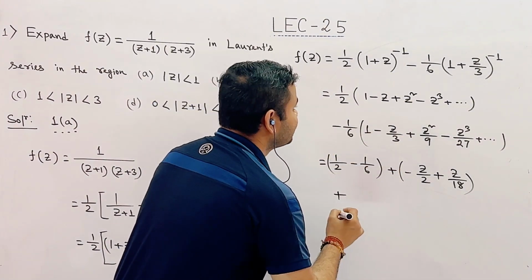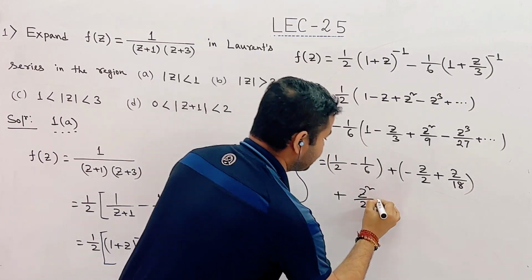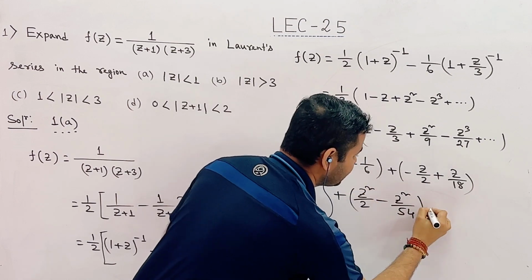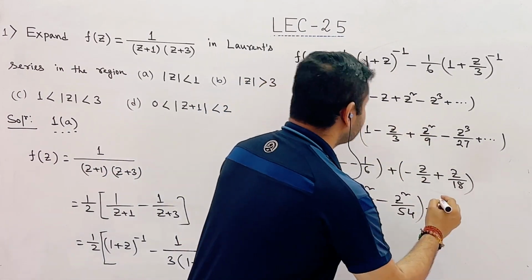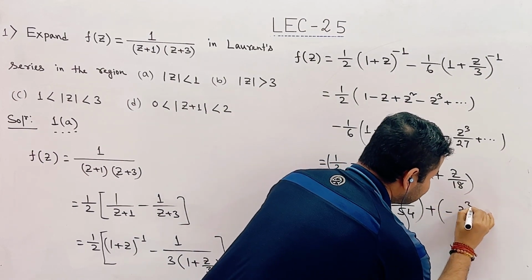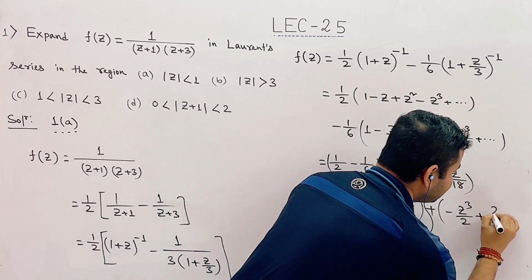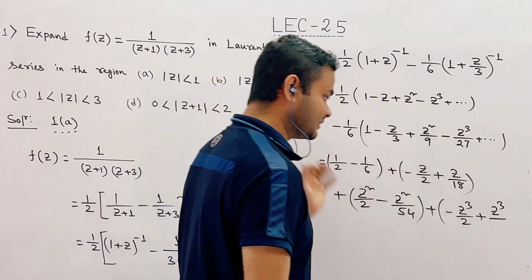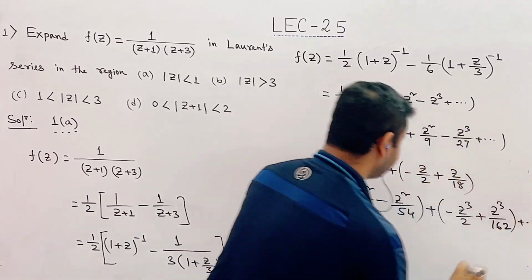So, we will get z square by 2 minus z square by 54. Again let us add this one and this one. So, minus z cube by 2 plus z cube divided by 27 into 6, 162, plus dot dot dot.